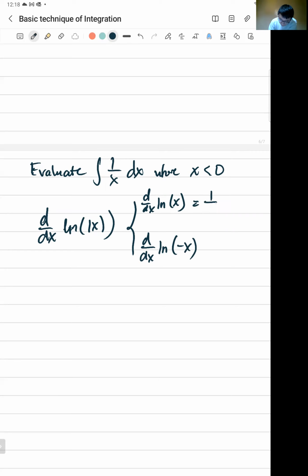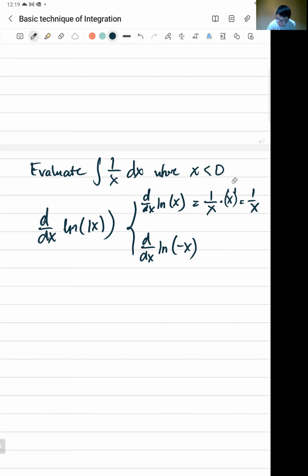So I get 1 over x, sorry, not plus, again I made a mistake with the chain rule. This one is 1 over x times the derivative of x.